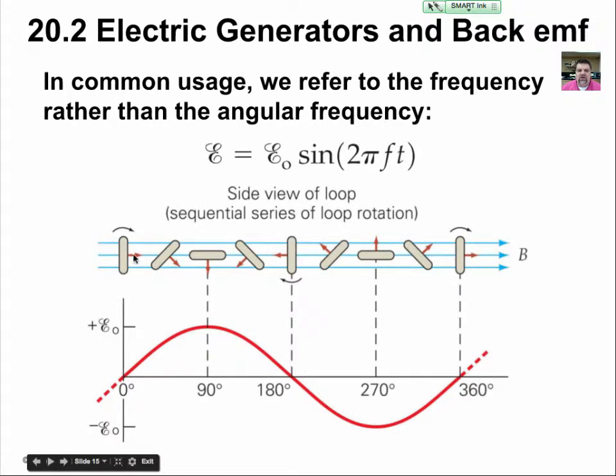As the loop spins, we can measure the angular frequency, or we can measure the frequency, which is how long it takes to complete one full cycle. The relationship between the two is that omega is equal to 2 pi times the regular frequency.